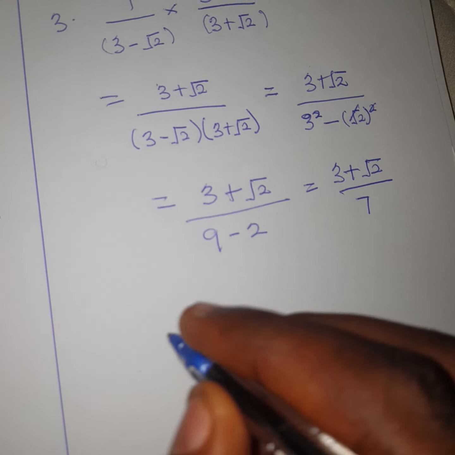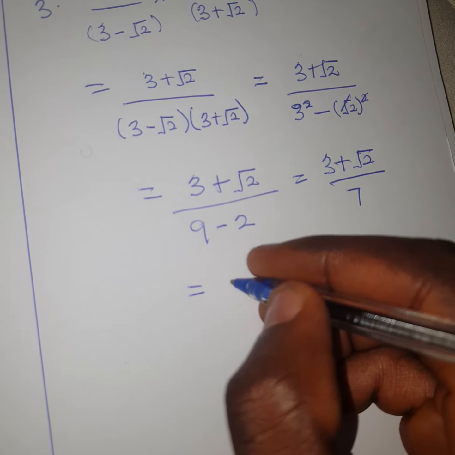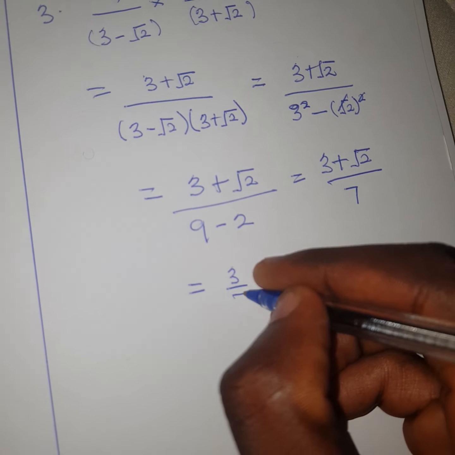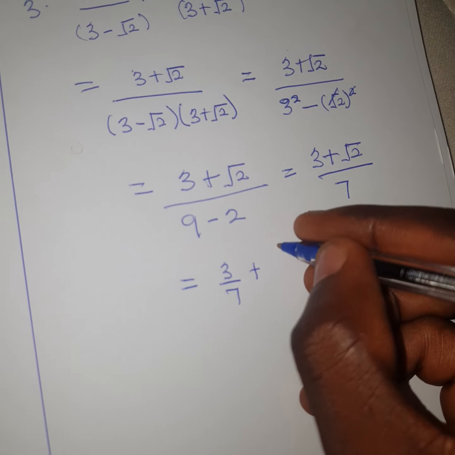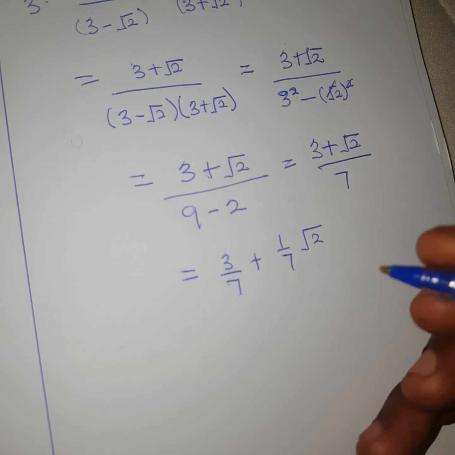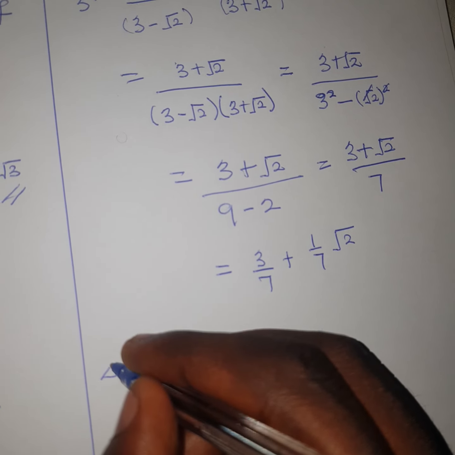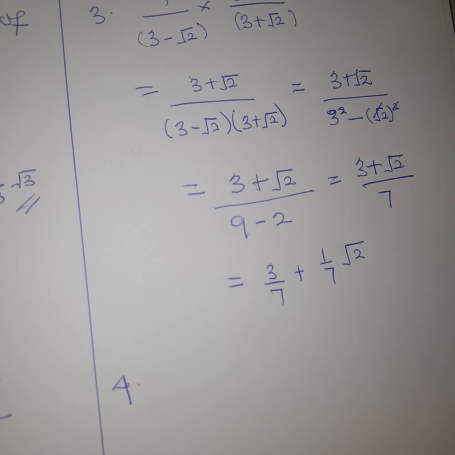And so this can be written also as 3 over 7 plus 1 over 7 root 2. This is our third example.